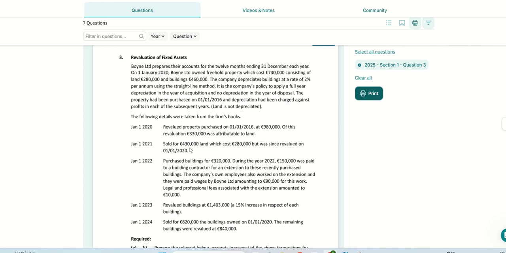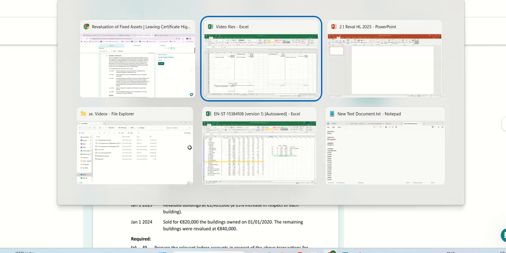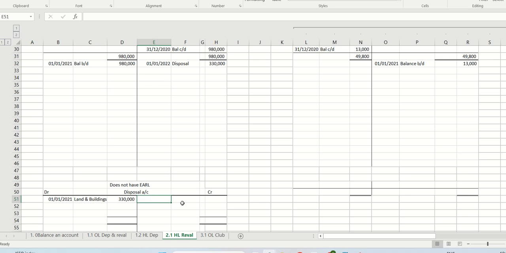Then we have to find out what did we get for it. Sold for 430,000. Okay, so that would have gone as a debit into our bank and it's going to be a credit in here, 430,000. Okay, and that's it. Then we just have to calculate the profit or loss on disposal. So again, there's no balance on a disposal account.